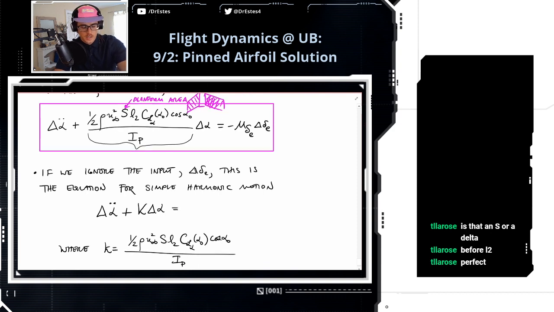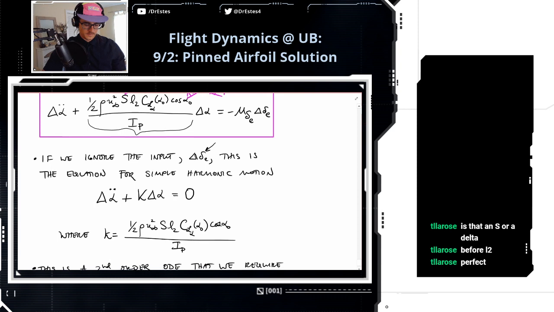And for now, we're even going to ignore the perturbations in the elevator on the right-hand side. So I'm just going to make this homogeneous, set it equal to 0. And once again, this K parameter, it's the same thing up above. Goes right there.